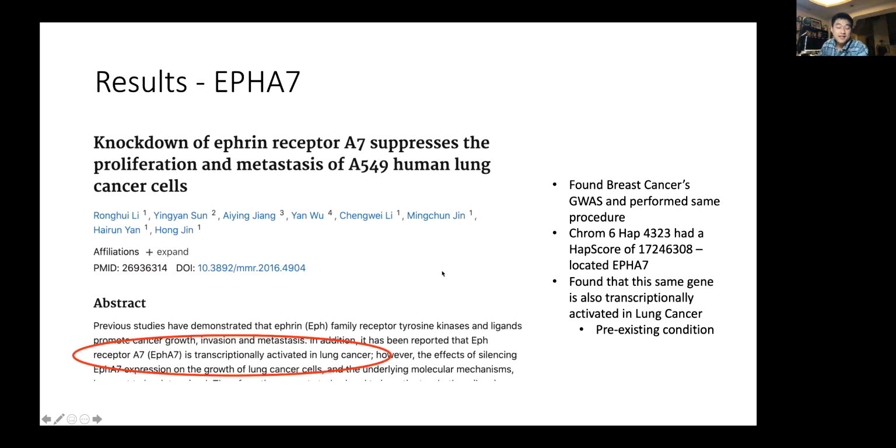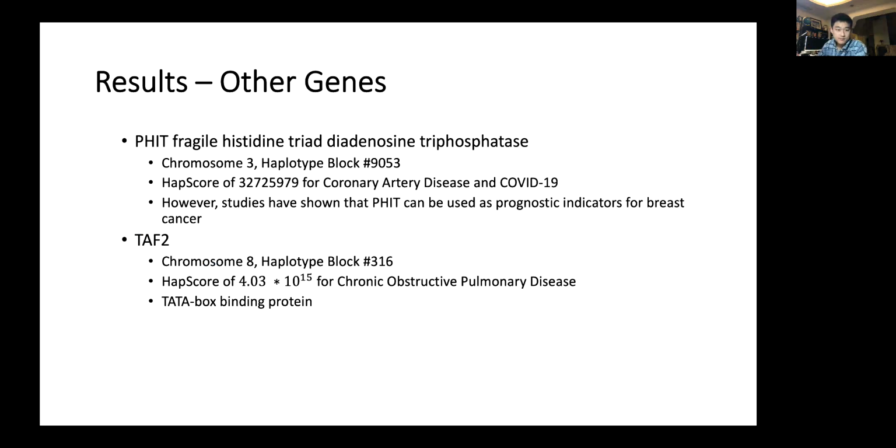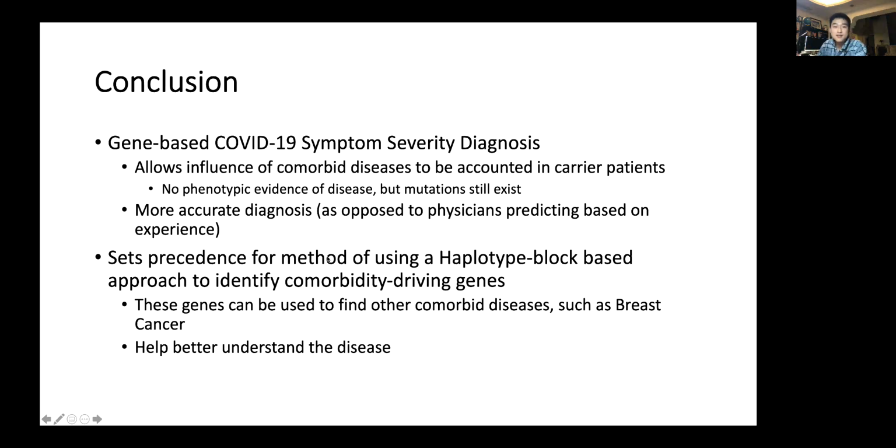So it's very fascinating to see how all these different comorbidity diseases, when you go into the genetic level, have the same genetic drivers as each other, which is very cool and very interesting. These are some of the other genes I have found, and I'm not going to go into much detail in this presentation.